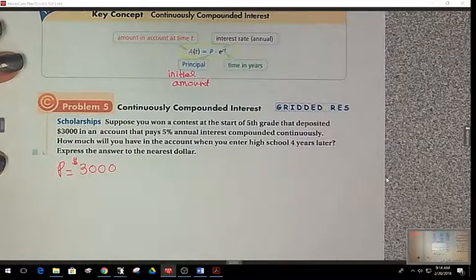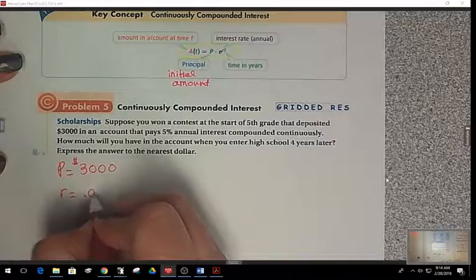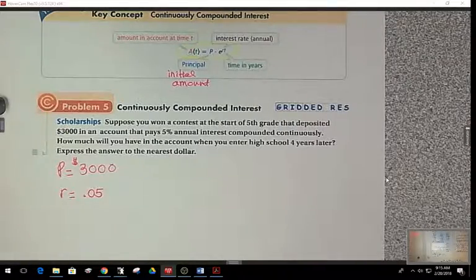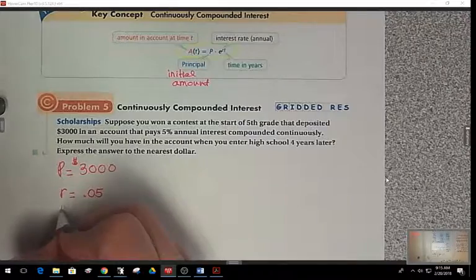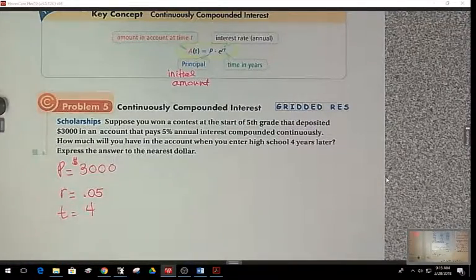An annual interest rate of 5%. So my rate as a decimal is going to be 0.05. And they want to know how much will I have in my account when I enter high school 4 years later. So the amount of time is 4. And they want me to express the answer to the nearest dollar.